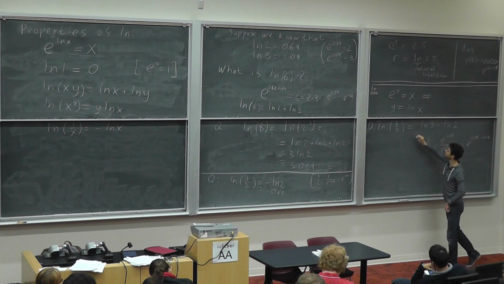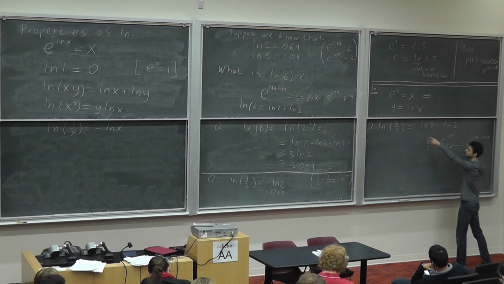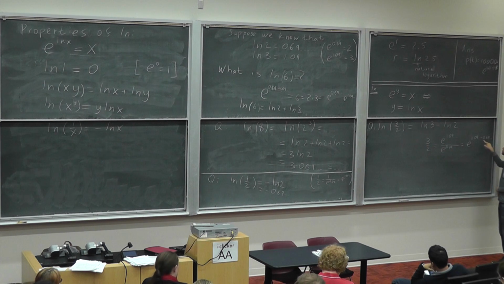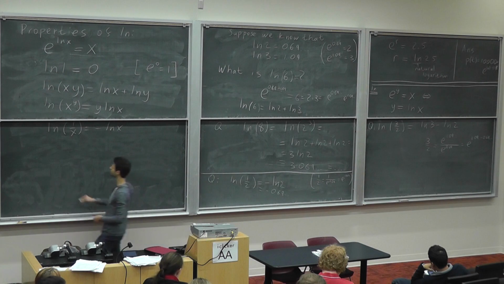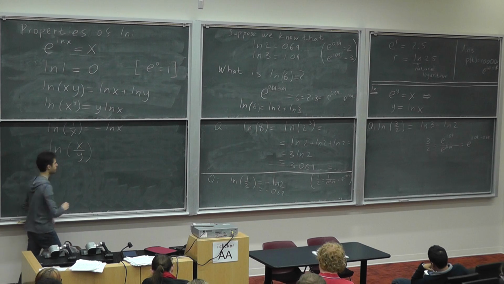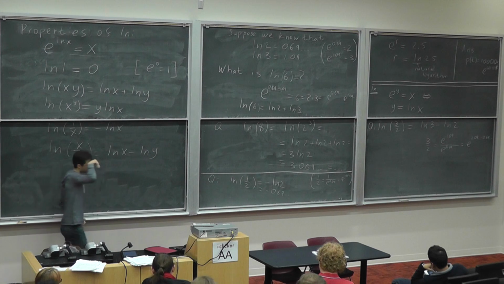So, if I want to find what number I should raise e to get 3 halves, it would be ln of 3 minus ln of 2. And more generally, the logarithm of x over y would be just ln of x minus ln of y.